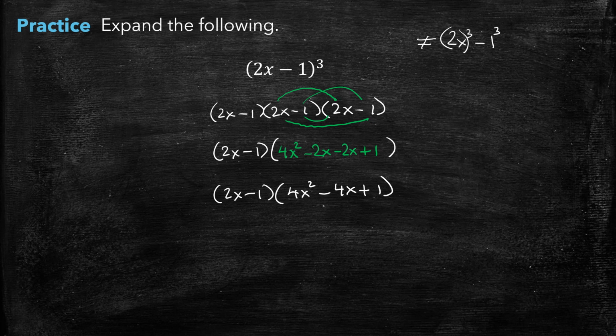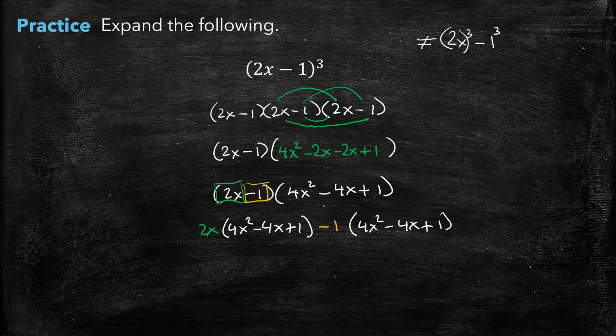Now, in doing the next step, you could use the area model, whichever method I've taught so far, but we're going to just change it up a little bit again. Let's write it out. 2x times 4x squared minus 4x plus 1. So I'm writing this horizontally instead of doing the vertical method we did moments before, whichever you prefer. And we have minus 1 times the same thing, 4x squared minus 4x plus 1. So we have a lot of distributing going on here.